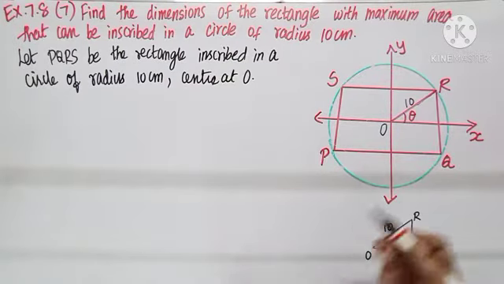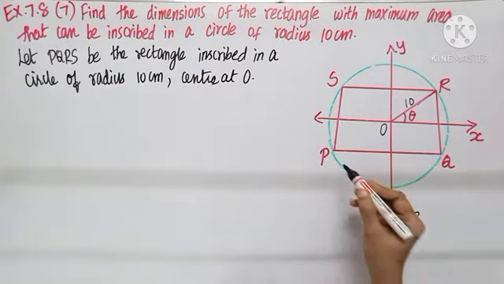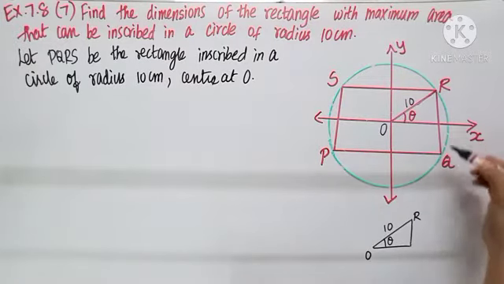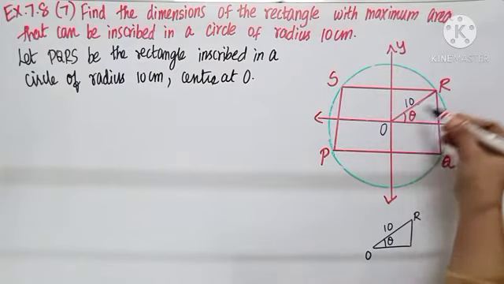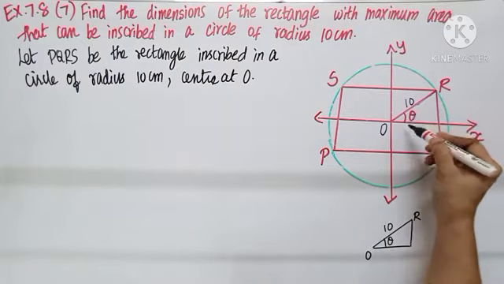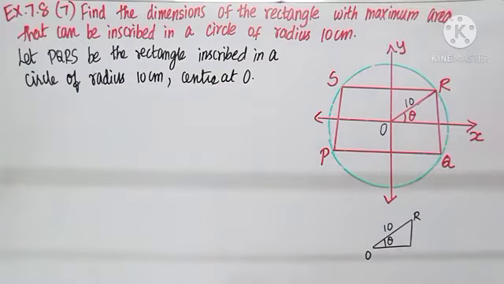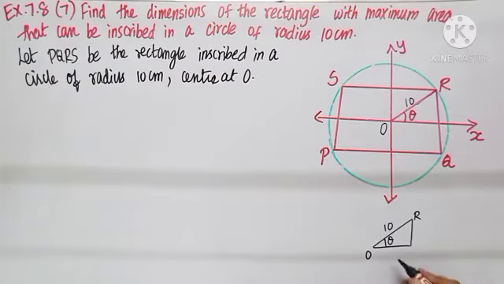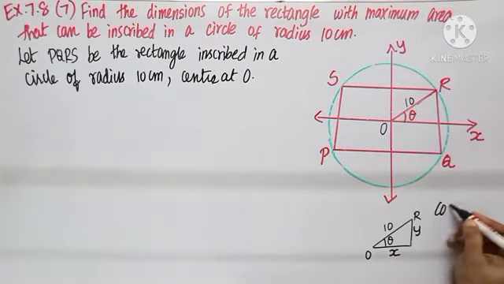To find the area, we should know the length and breadth of it. Consider the radius making an angle theta with x-axis. Consider the small triangle alone. If I take this length as x and this length as y, what is cos theta from here?